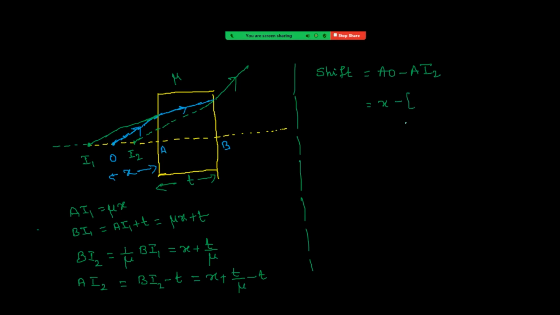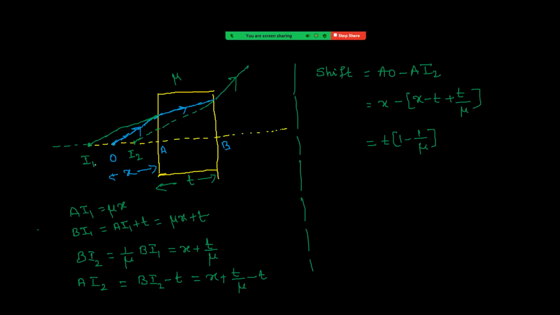AI2 is now x minus t plus t by mu. Okay. So x gets cancelled, minus of minus is plus. It is t into 1 minus 1 by mu. Students, see carefully. Shift is now t into 1 minus 1 by mu.